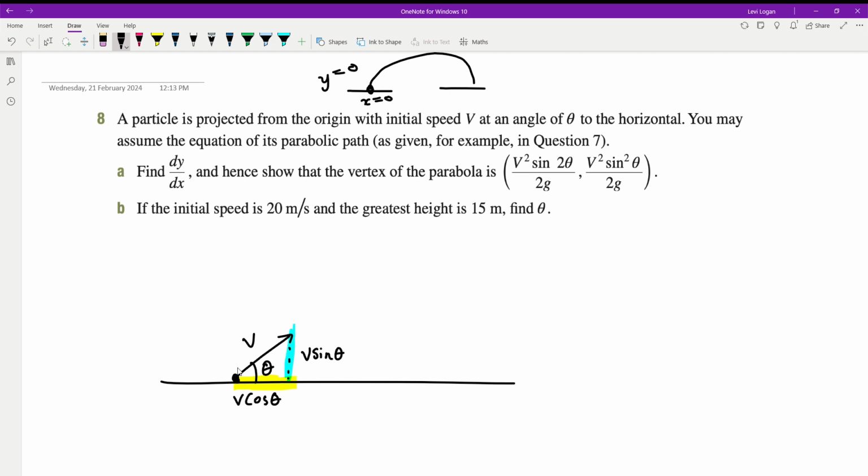So from that I know that r dot of t, your velocity vector equation at t equals 0, is the following: v cos theta i hat plus v sine theta j hat. So the unit vectors are in those directions. I know that straight away from that initial bit.